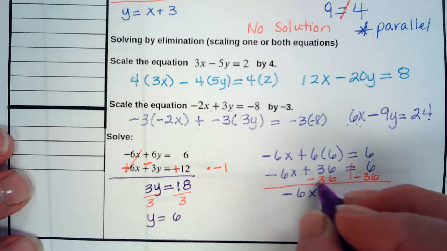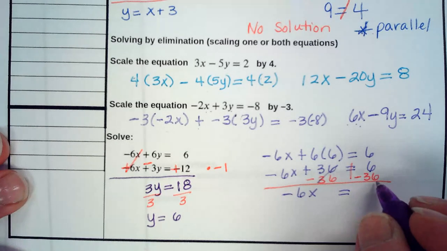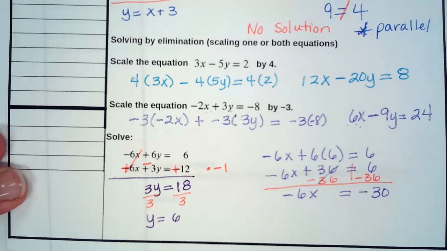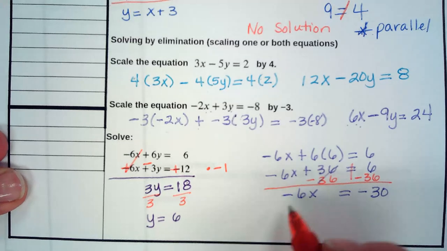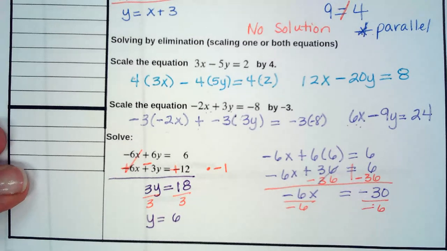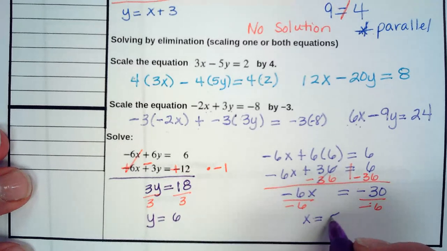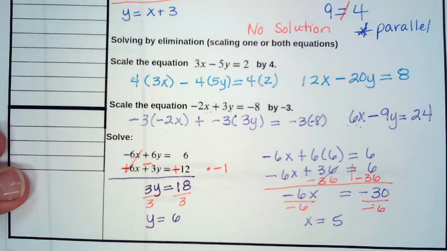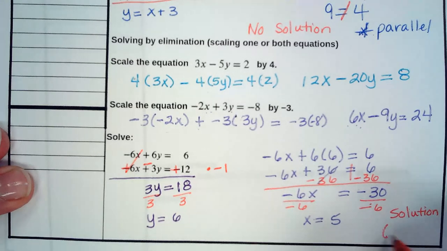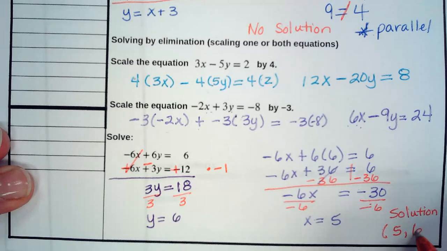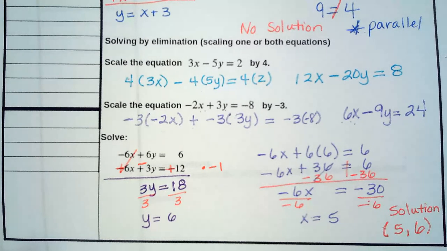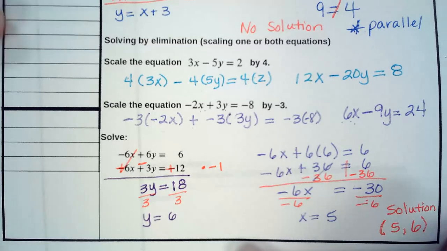Negative 6x, this is gone, is equal to negative 36 plus 6 is negative 30. Divide by negative 6, and x is equal to 5. So my solution is the point 5, 6. So if you have any questions, back the video up and watch it again.